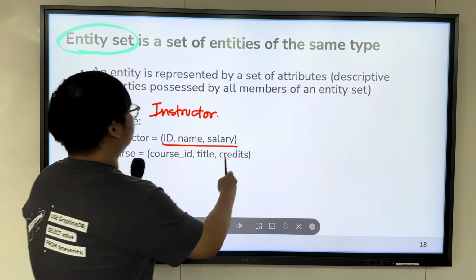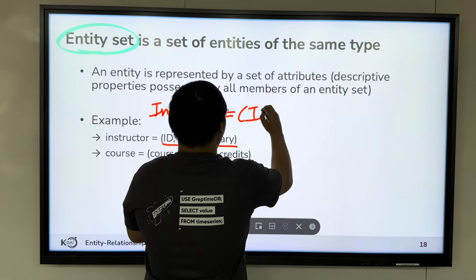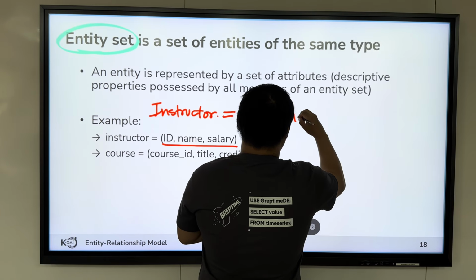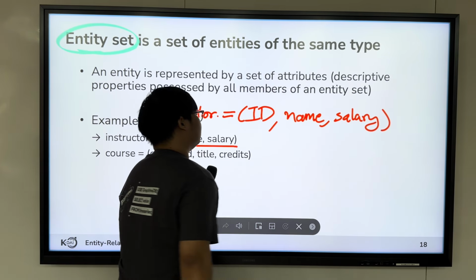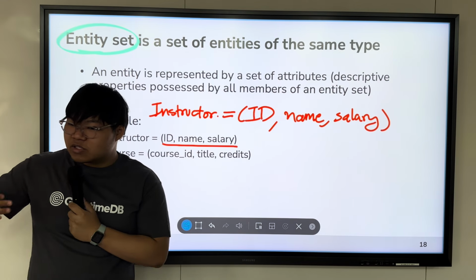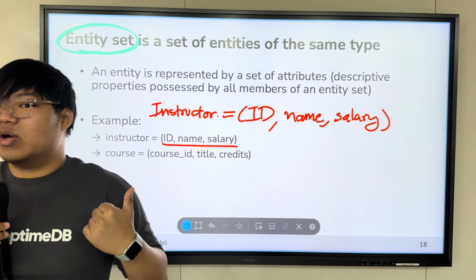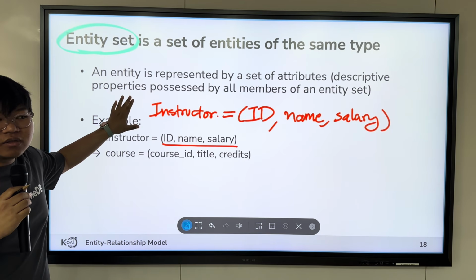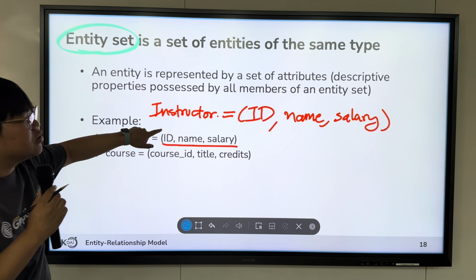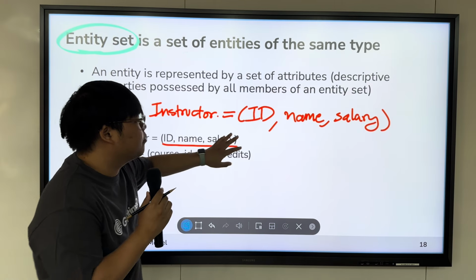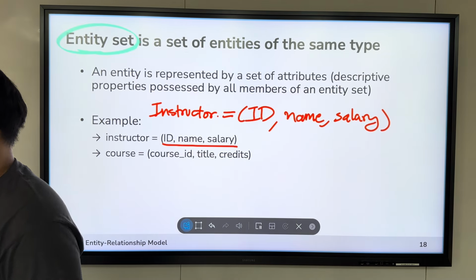For each instructor, I can describe each instructor using the ID, the name, maybe salary, like this. So these are what we call attributes of the entity set. Which means in this entity set called instructors, all entities in this set must be describable with ID, name, and salary. Any questions?